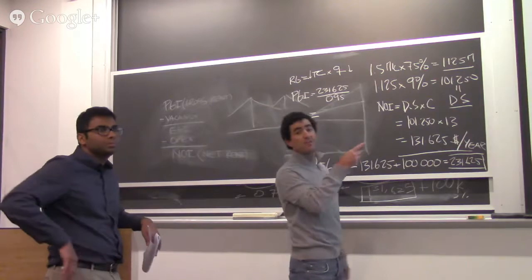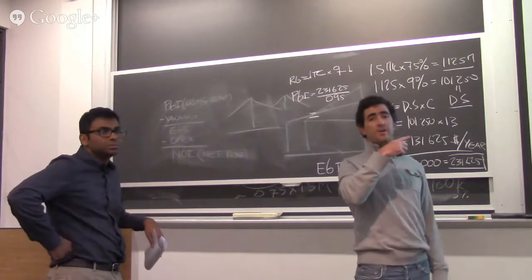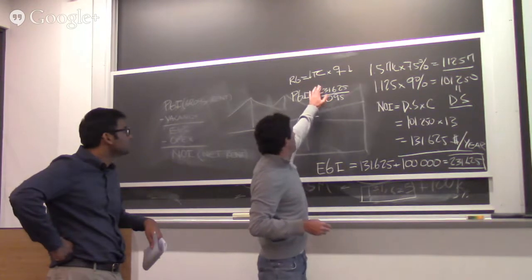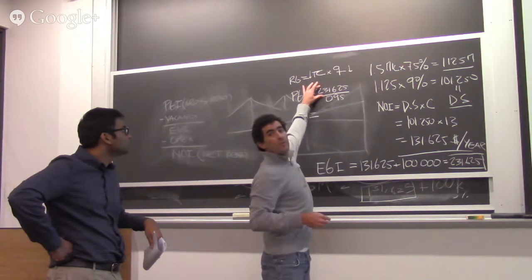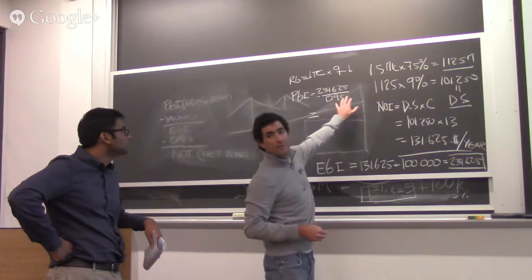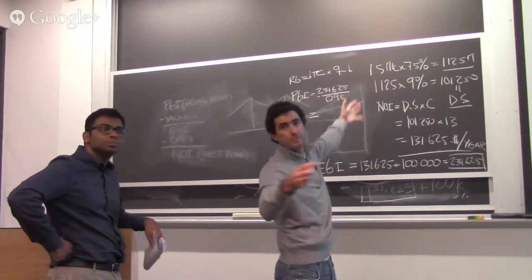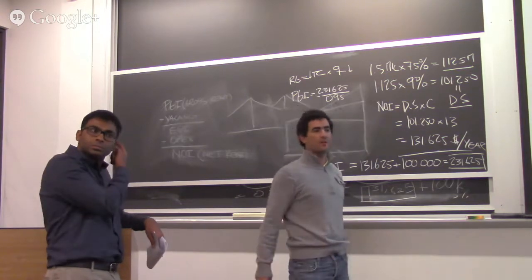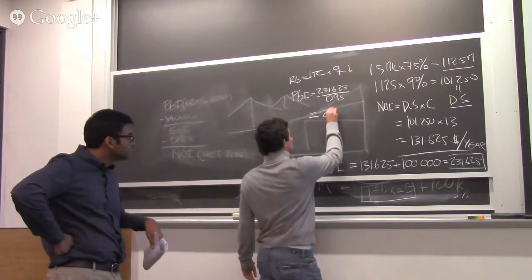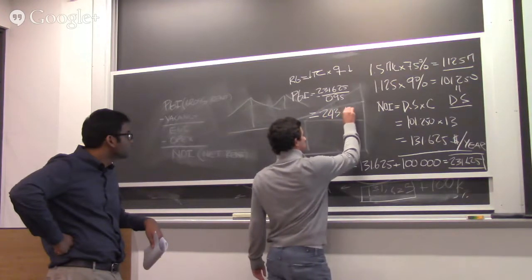Because we're trying to get to your potential income. So this would be your income without vacancy. You divide it by 0.95, which is your occupancy, and then you get to it. Oh, you're just getting a bigger number. Got it. So this is the income.